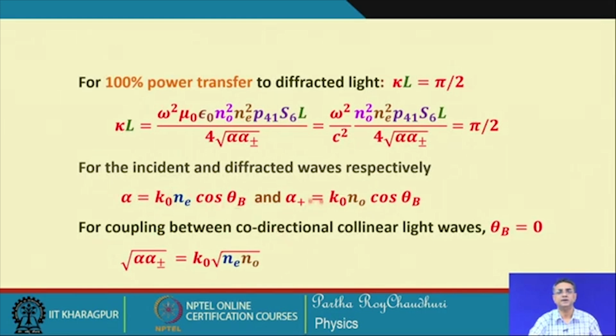These are the quantities which are known for codirectional coupling, theta b equal to 0, otherwise theta b will be equal to 180. So, these two quantities are also well known. So, k0 under root of n_e n_o will now represent, we will replace this alpha plus minus under root of that by this quantity in n_e and n_o.